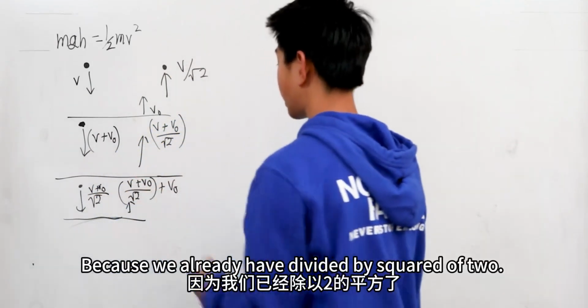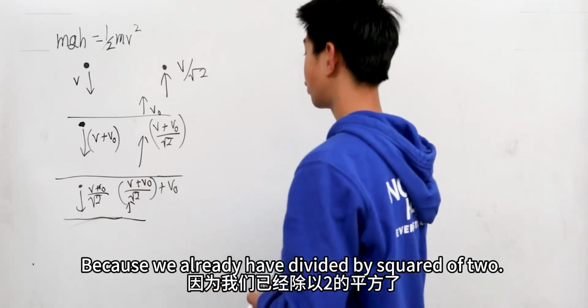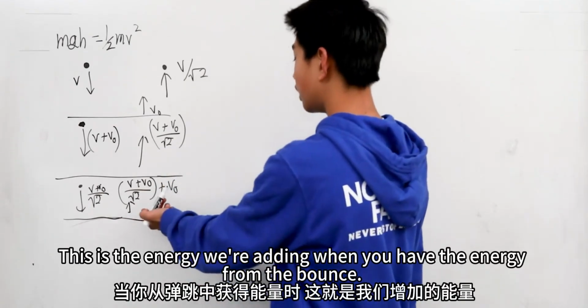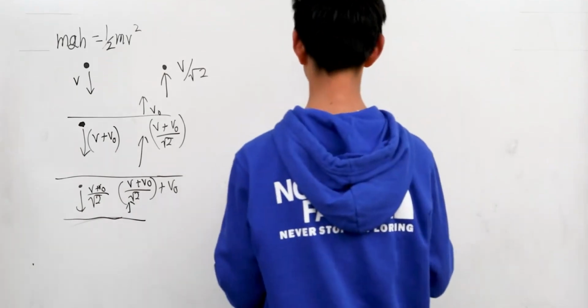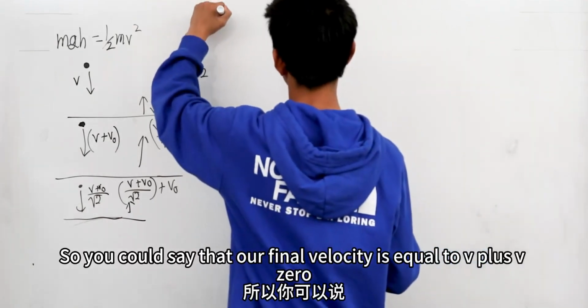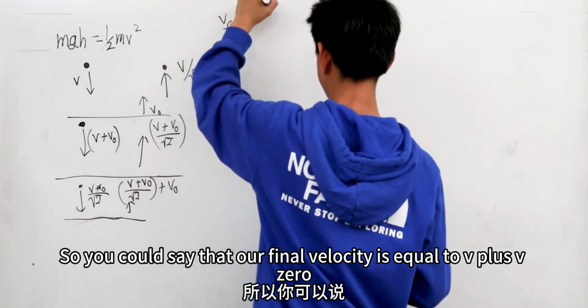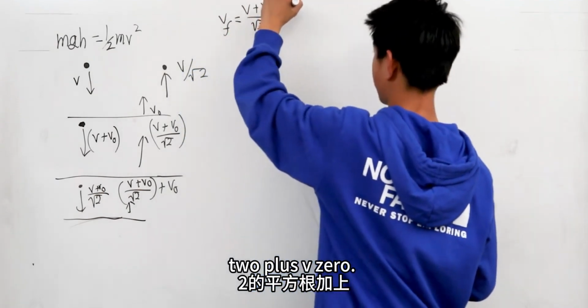Because we already have it divided by square root of 2, this is the speed we're adding when you have the speed from the bounce. So you could say that our final velocity is equal to v plus v0 over the square root of 2 plus v0.